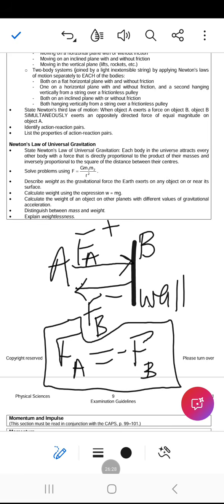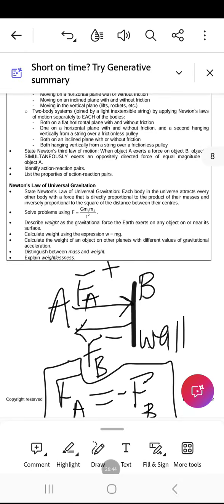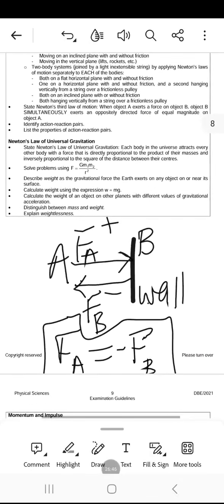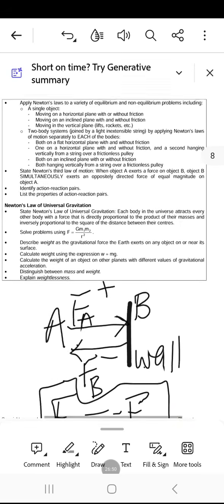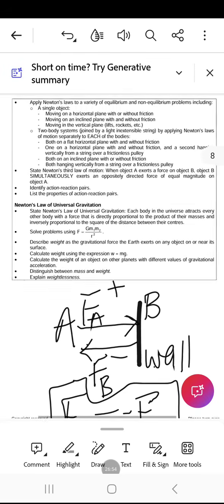You can't have force B until there's force A. Force A must be applied, then force B will also be released, with the same magnitude but in a different direction. So that is it about Newton's first law, Newton's second law, and Newton's third law.